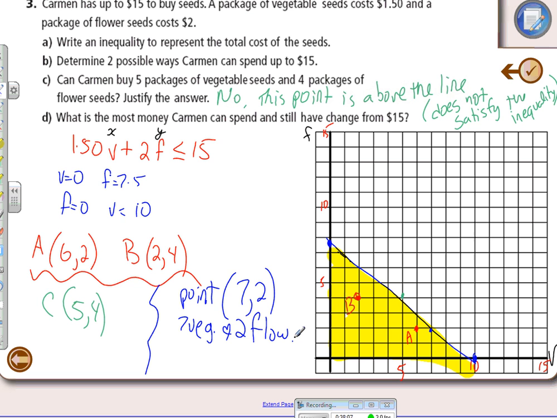Working that out together, 7 times $1.50, plus 2 times $2, gives you $14.50. We need to find points that are on the intersection of the grid because it has to be whole numbers. We can't have part of a package.